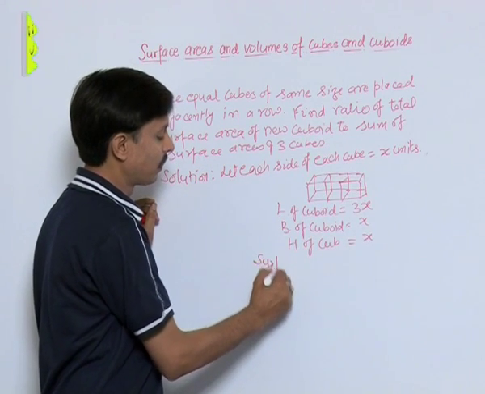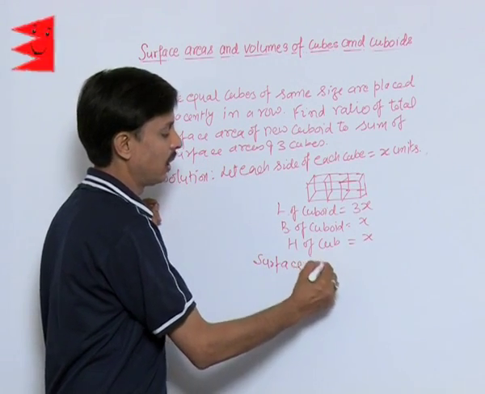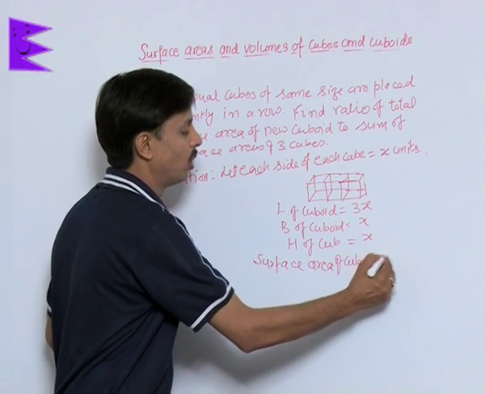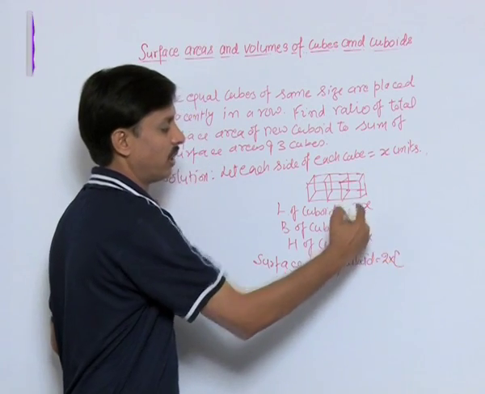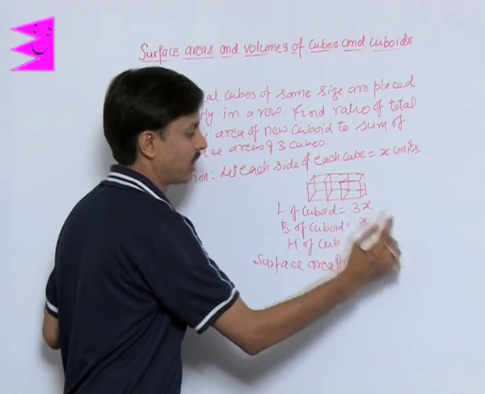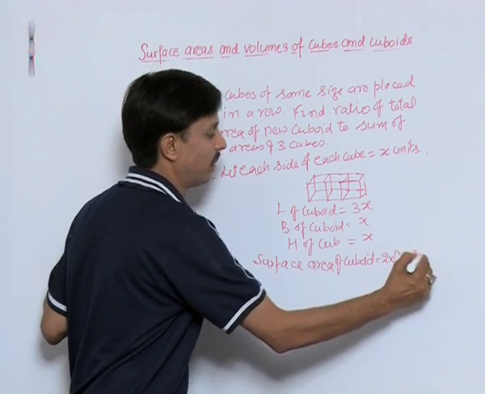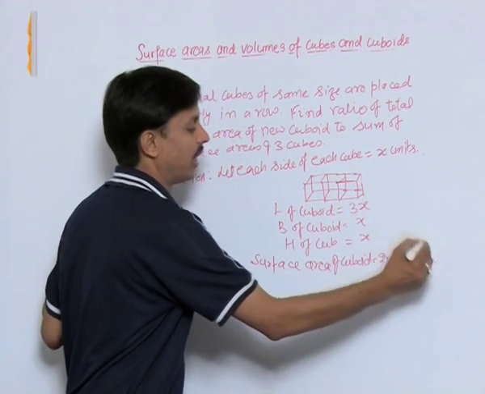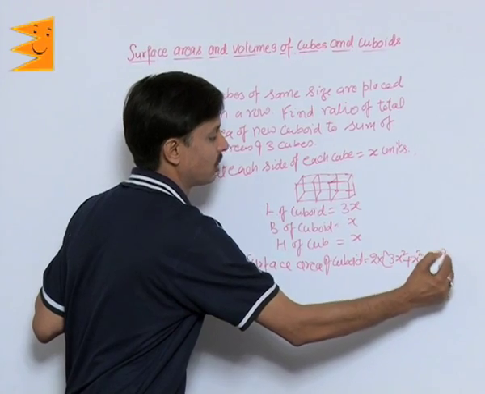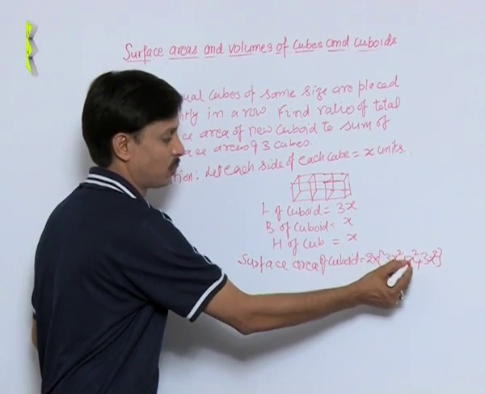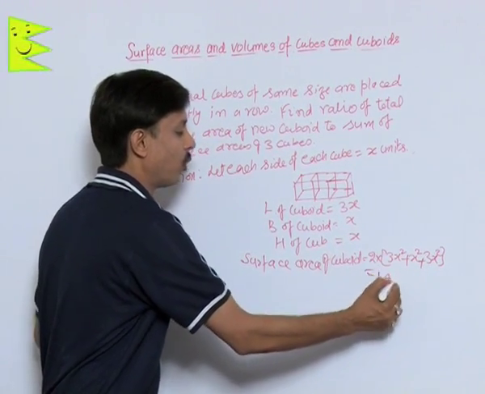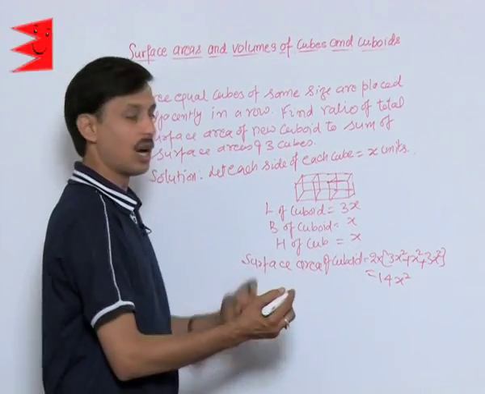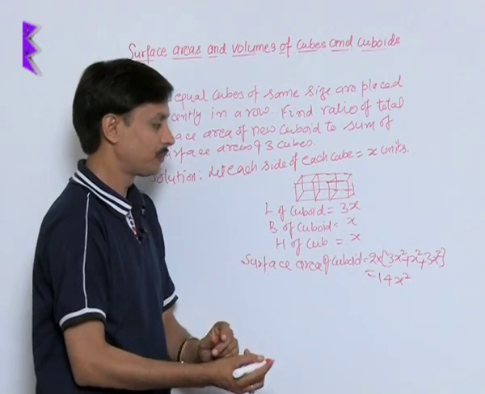Now the question is how to find the surface area of a cuboid. The surface area of a cuboid formula, you know, is 2 into length into breadth, that is 3x into x, 3x square, breadth into height, x square, height into length, 3x square, 3 plus 3, 6 plus 1, 7, 2 into 7, 14x square unit is the surface area of the cuboid so formed.